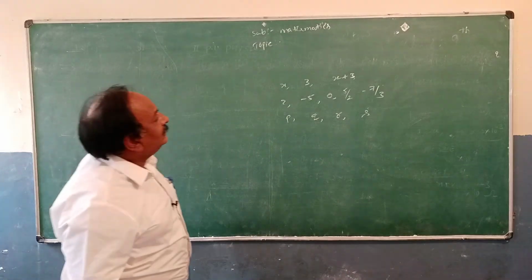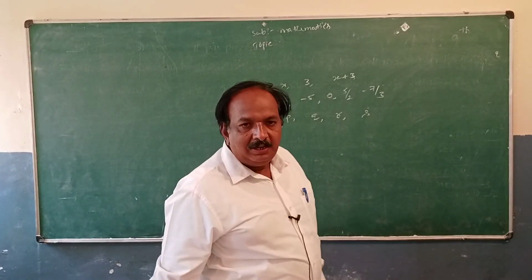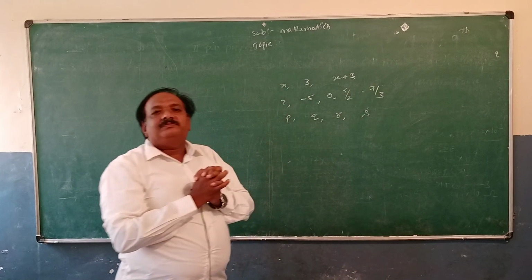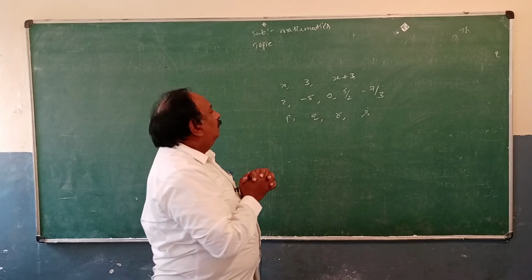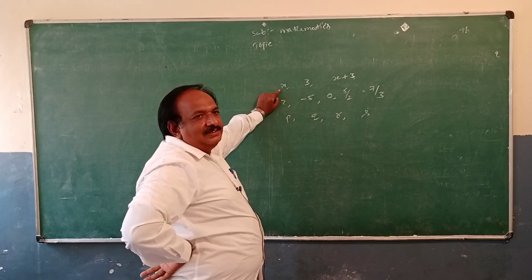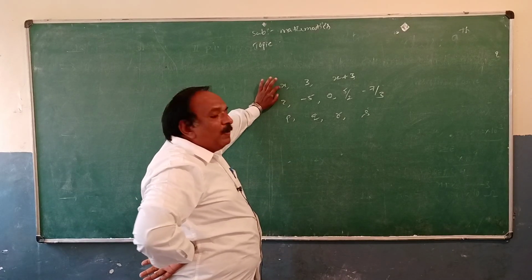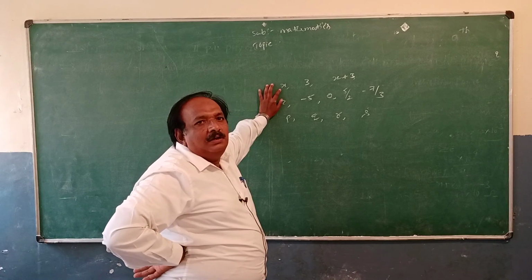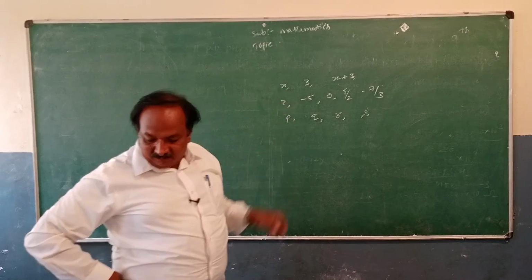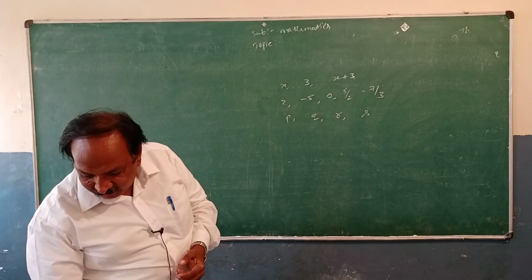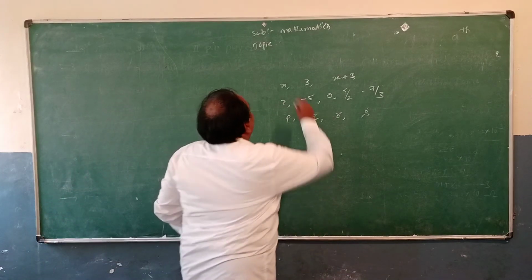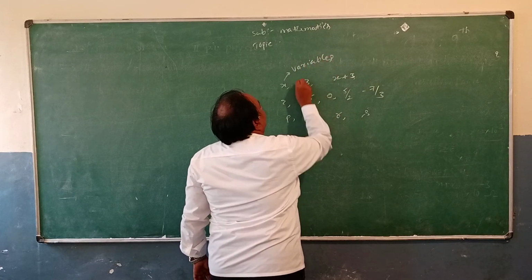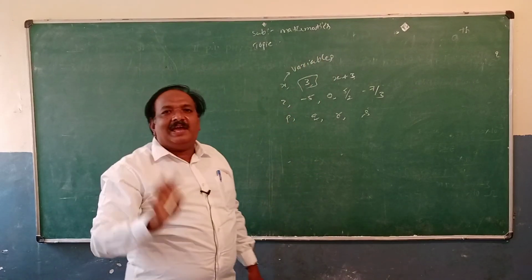My dear students, we observe all these numbers. This is x. It has no perfect value, so we call these variables. 3 has a perfect value.